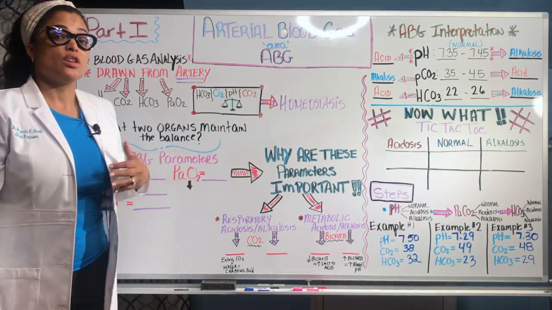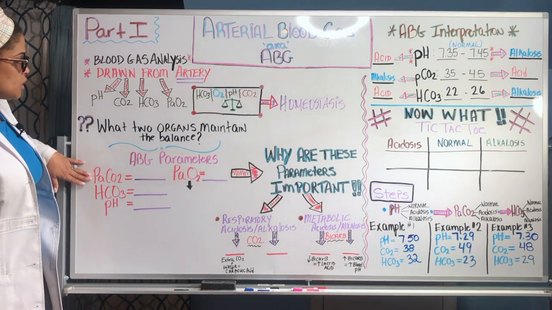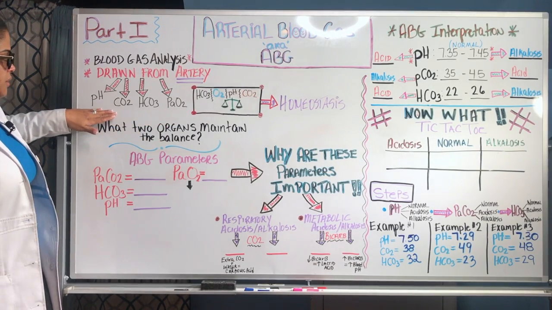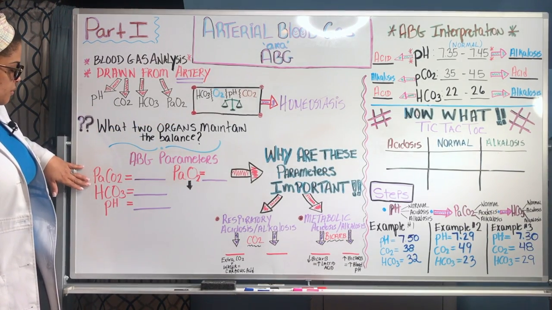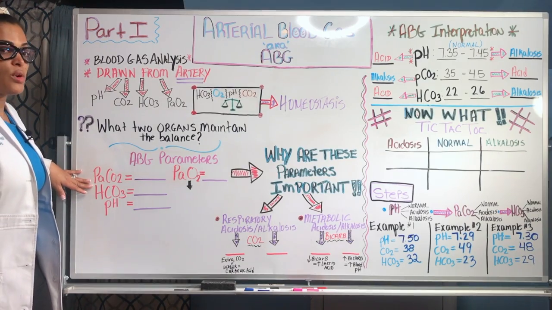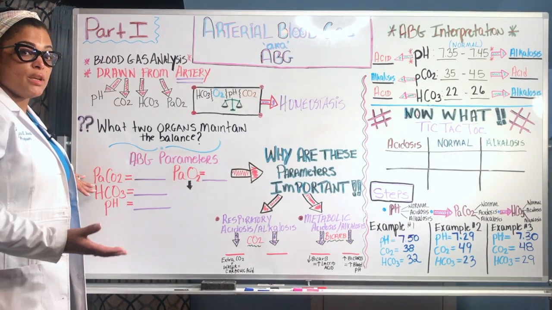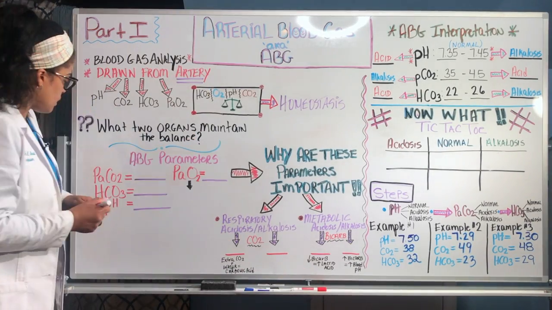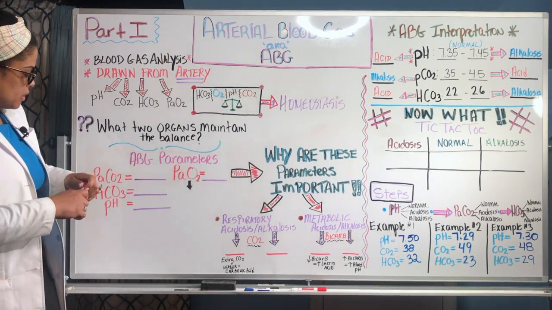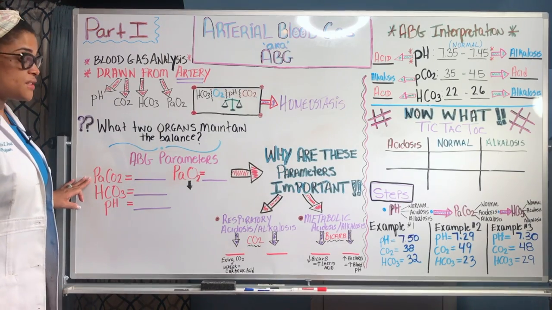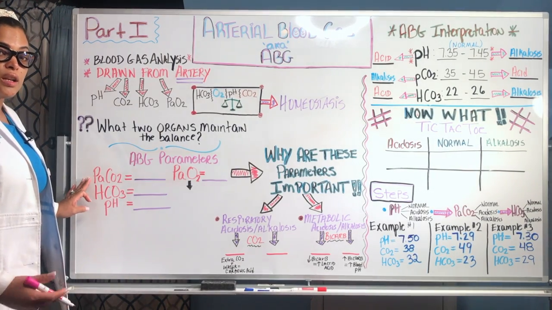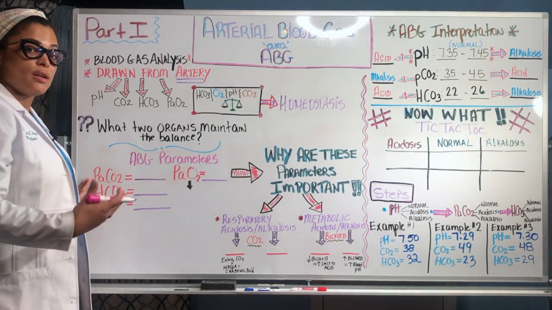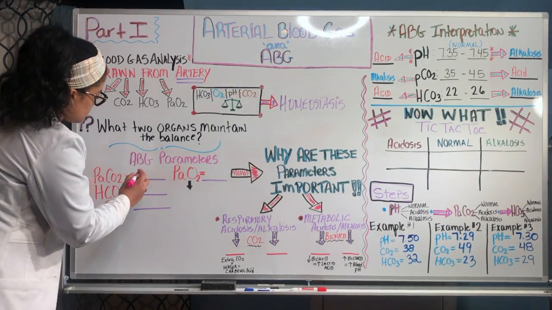So for each, there are parameters, and they match these up here. So below are the ABG parameters that we're going to be looking at when we get an ABG result. I want you to tell me which one matches the CO2 parameter. And as you know, CO2 is exchanged in your lungs.